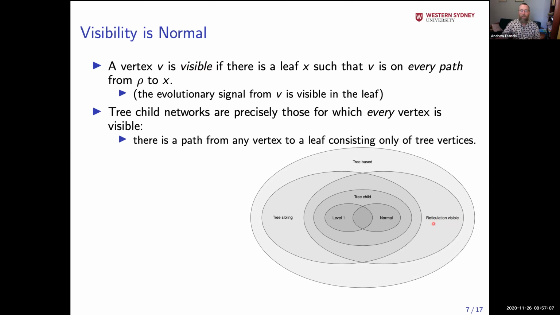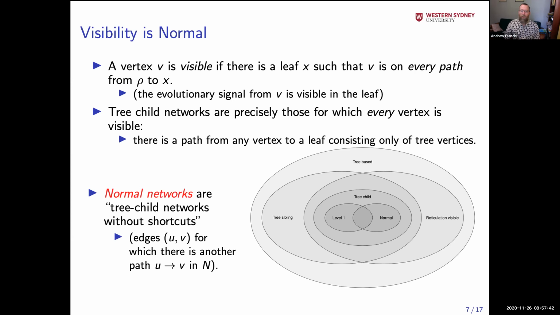And that's basically because, if you remember the definition of tree-child networks, every internal vertex has at least one child that is a tree vertex. And if you take a path down through those children, you get a path consisting only of tree vertices to a leaf. And that means there's no other path that avoids that vertex down to the leaf. So every internal vertex is visible in a tree-child network.